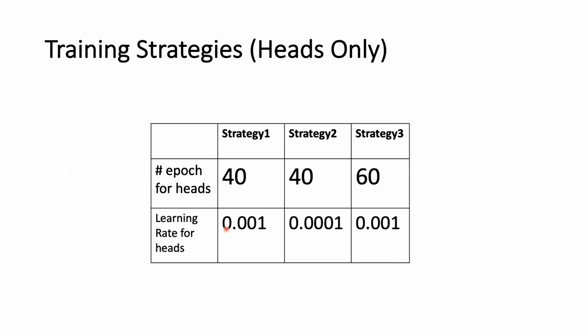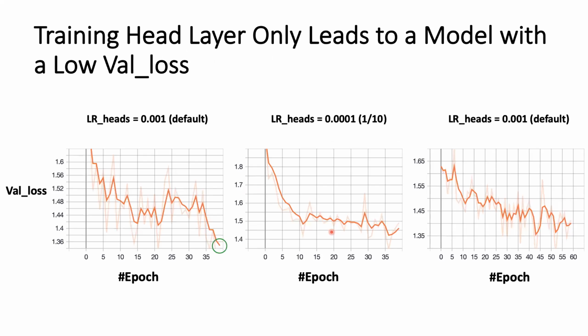So we switched to using a simpler training strategy where we only train the head layer. Here we have 3 sub-conditions. We train the head for either 40 epochs or 60 epochs, and we also switch around the learning rate to see if that can help the model converge. These are the visualizations of val loss for the 3 conditions.